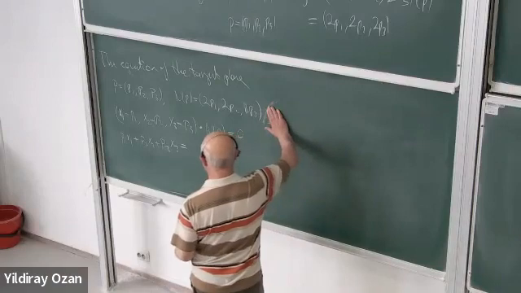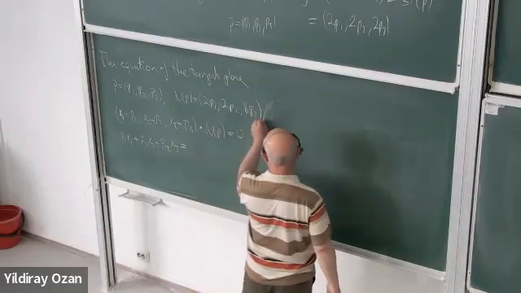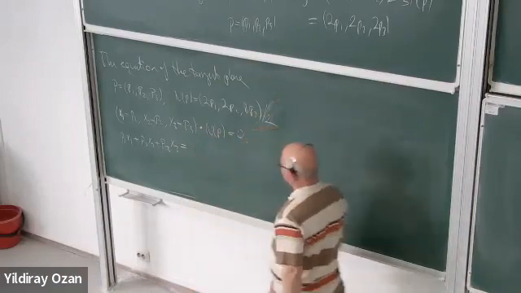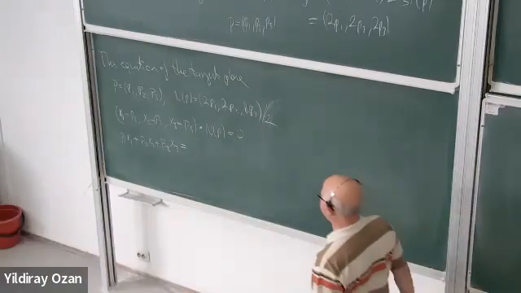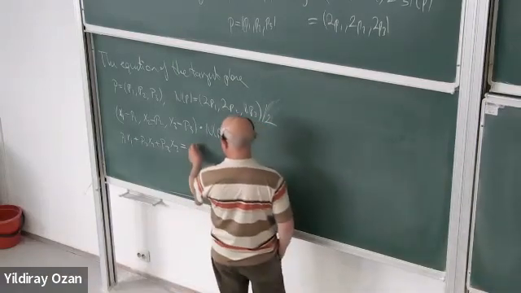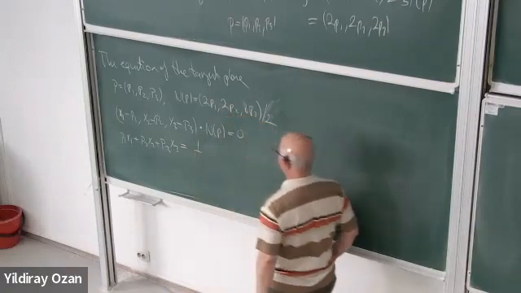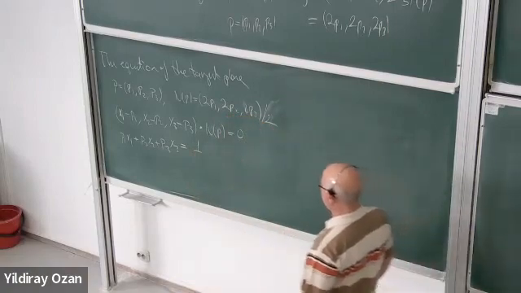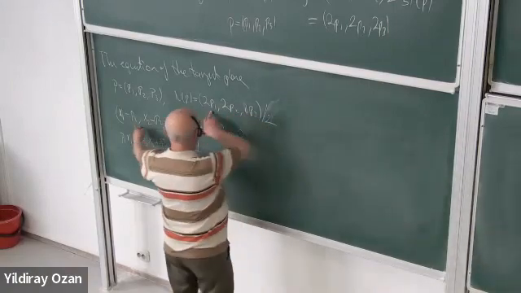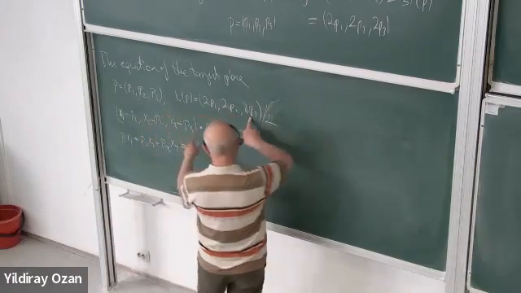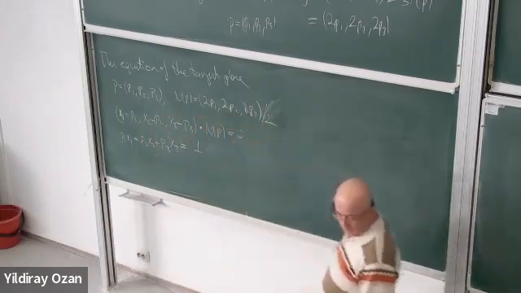If I want a unit vector, then this would be just 1, right? Because I have P1 squared plus P2 squared plus P3 squared, which is 1.